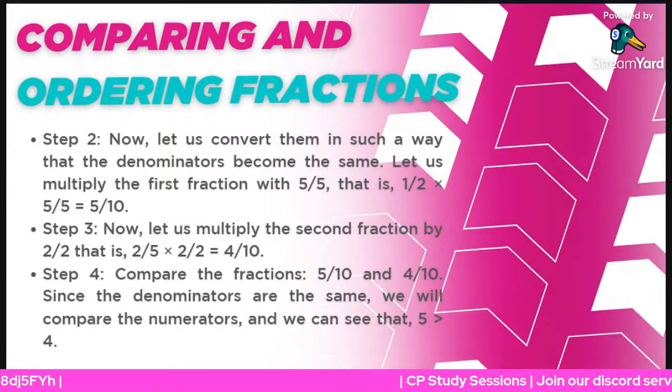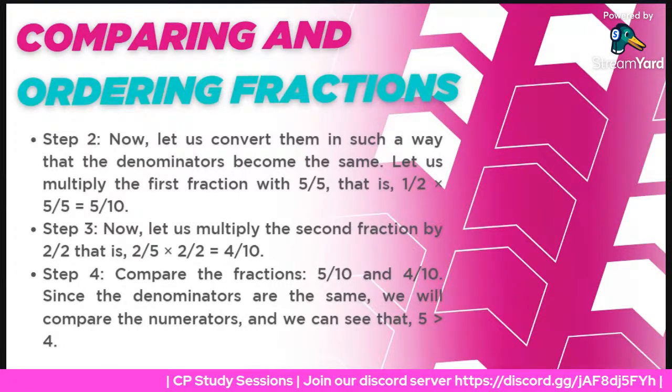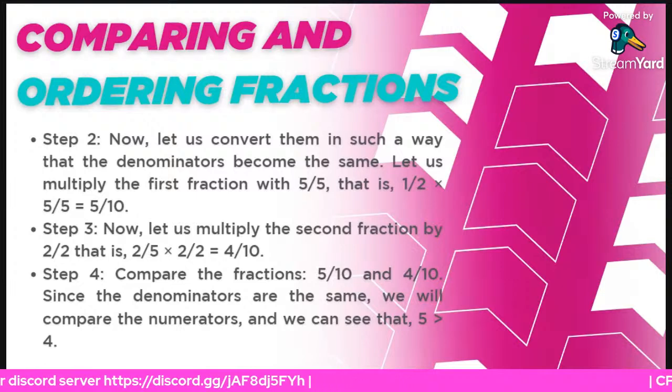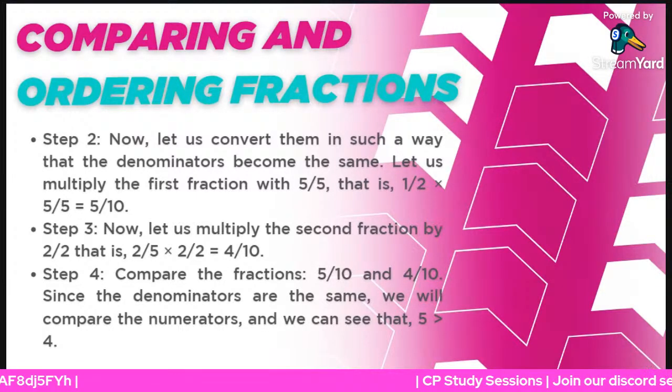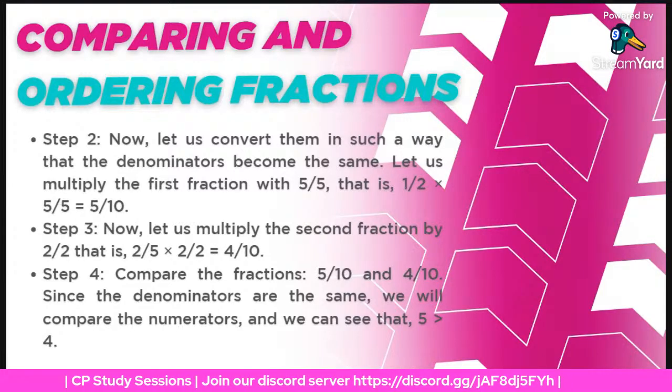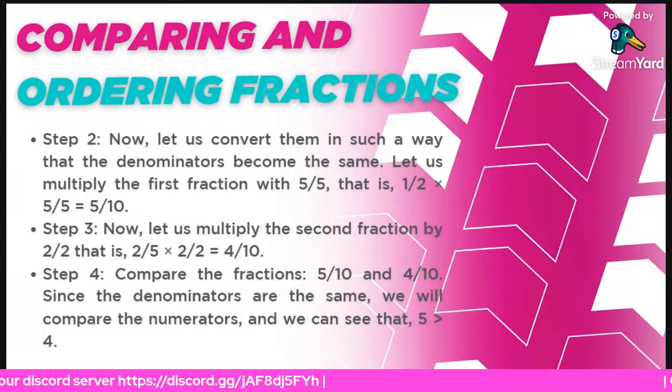So, let us multiply the first fraction with 5 over 5, that is 1/2 multiplied by 5 over 5, which is now, ano na ang sagot? Ano na ang equivalent na fraction ng 1/2, kung ang denominator niya is 10 dapat. 5 over 10, tama.